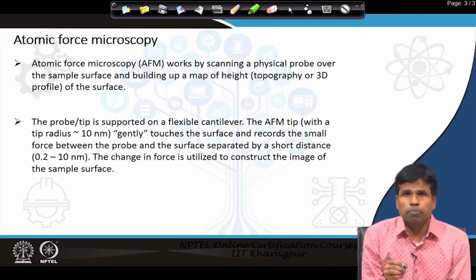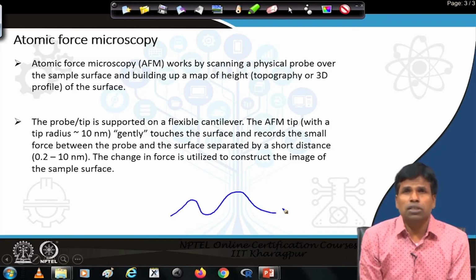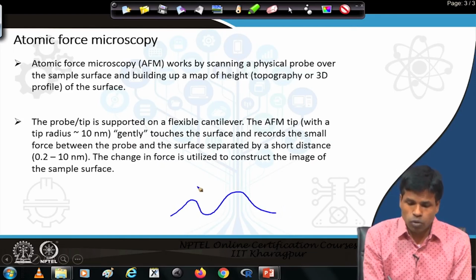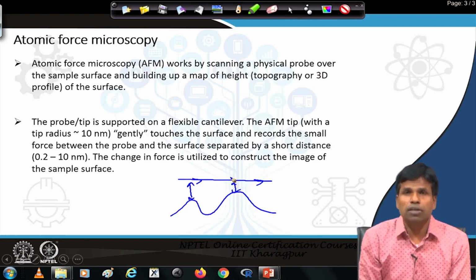Like if we have two different materials on the surface, the force between the tip and one material will not be the same as between the tip and the other material. Similarly, if the sample has roughness, then when the tip is scanned above the sample, the force at different locations will no more be the same.